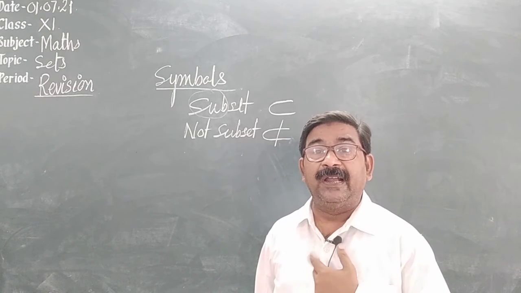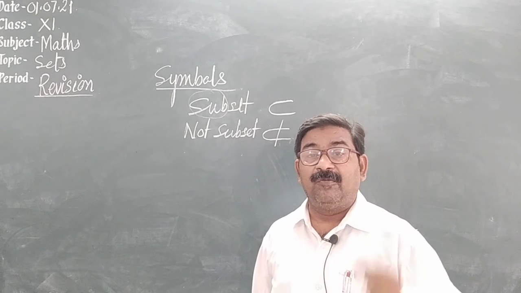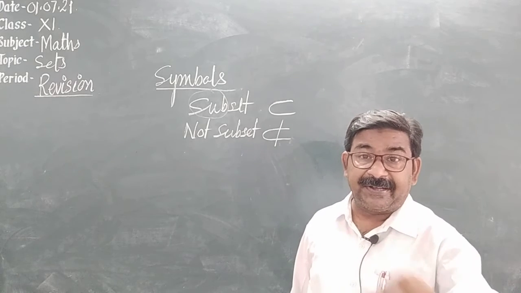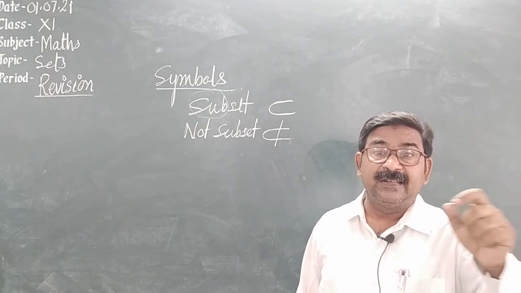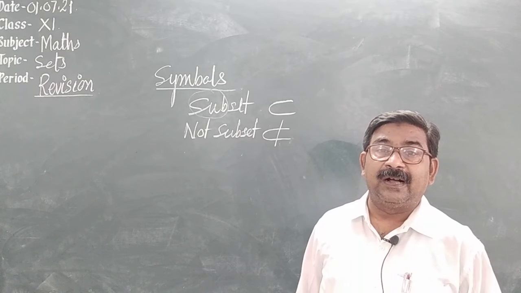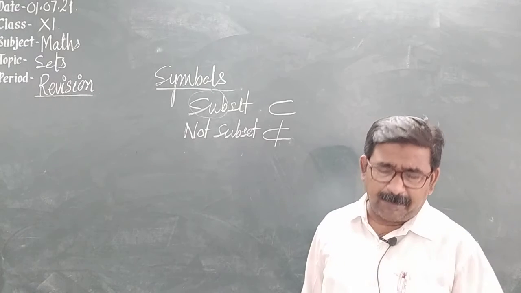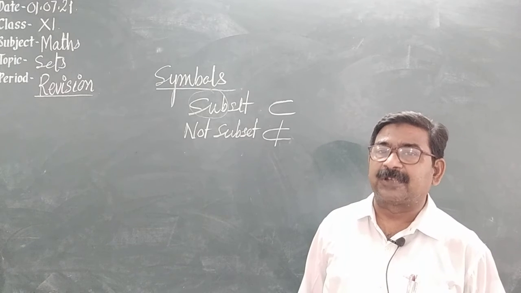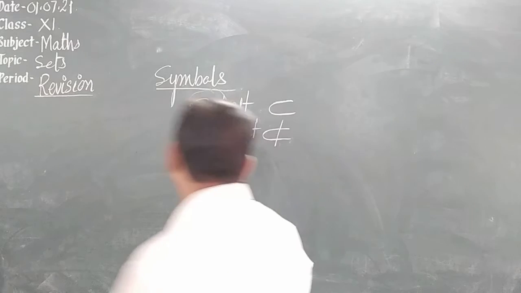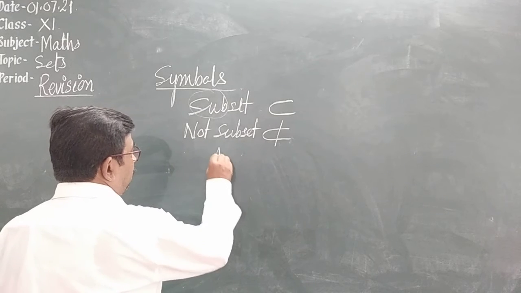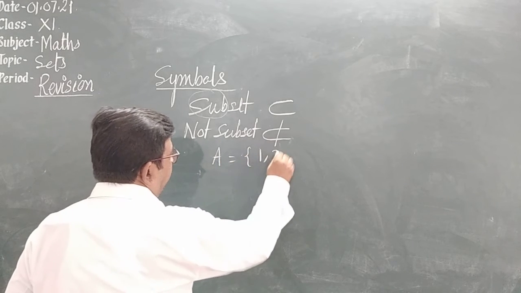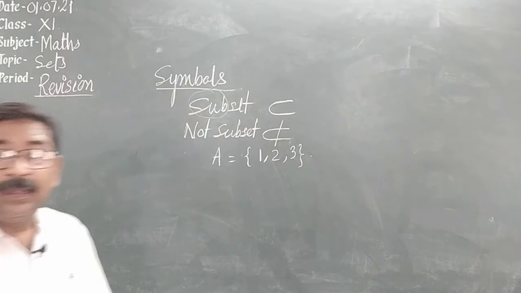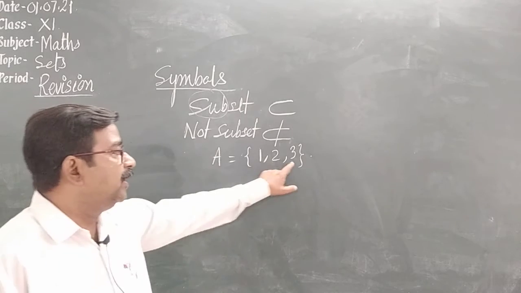When the elements of the set are separated from the set as a set, it is called a subset. In simple language, a part of a set is called a subset. For example, suppose we have a set A with elements 1, 2 and 3.